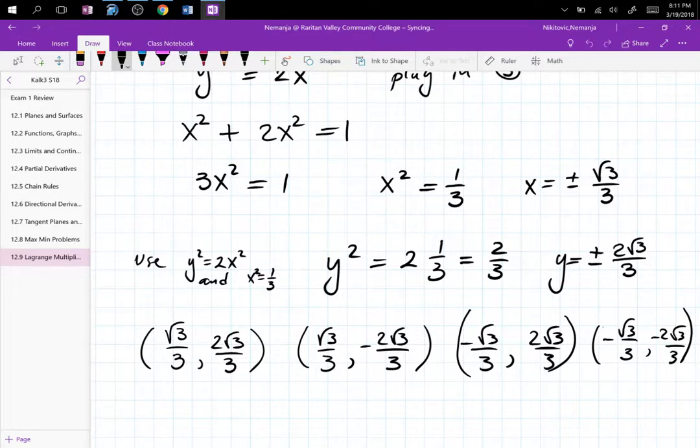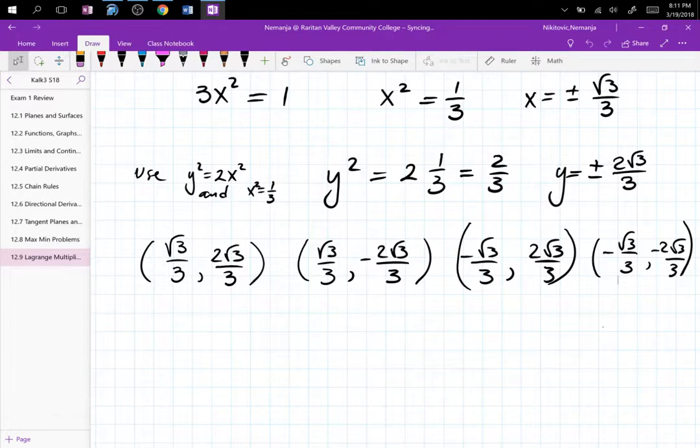But if I don't tell you which of these 2 points is root 3 over 3 and negative root 3 over 3 and stuff like that, you have no clue which one is which, right? So now we have to plug these back into f, which is our objective function, to find the z values, and that will tell us the answers, right?